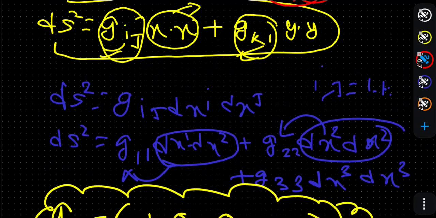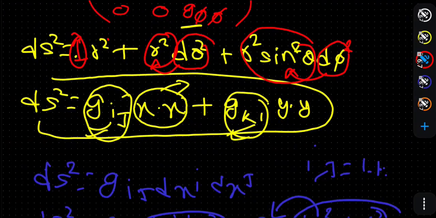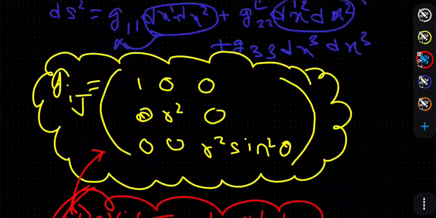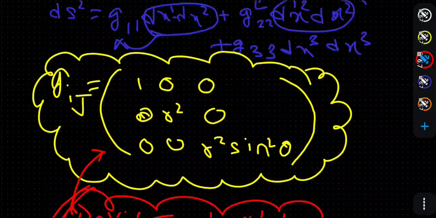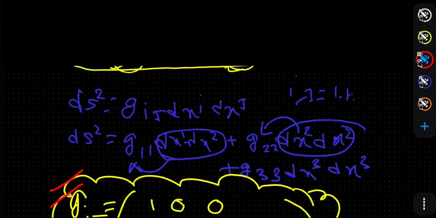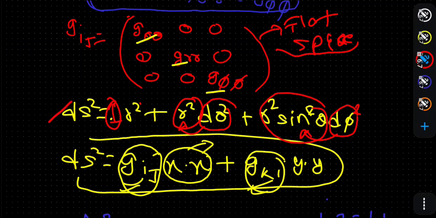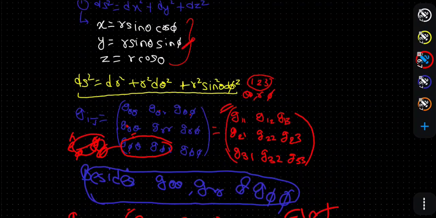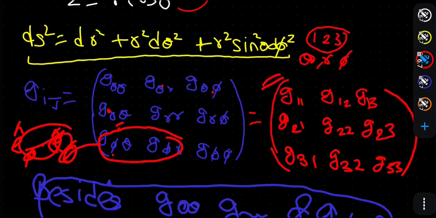In David Tong's notes you will see that he has done all the things directly, but I explained all of that stuff here because David Tong assumed that you already know how to do the norm and how to write a covariant derivative. So he directly wrote all this, but I explained how to write the differentials and all of that.